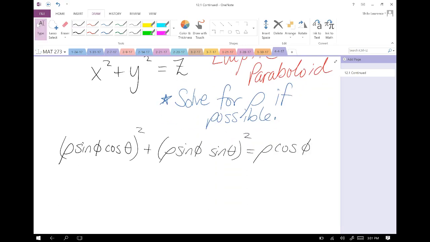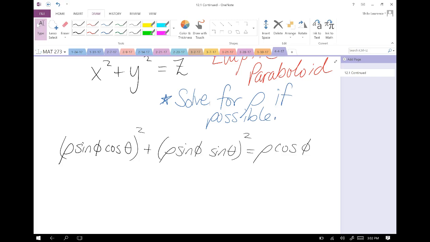This is now just a trig simplification problem. We're going to go ahead and square everything that says to square. The stuff with the squares, there's no addition or subtraction inside, so we can distribute the squares.